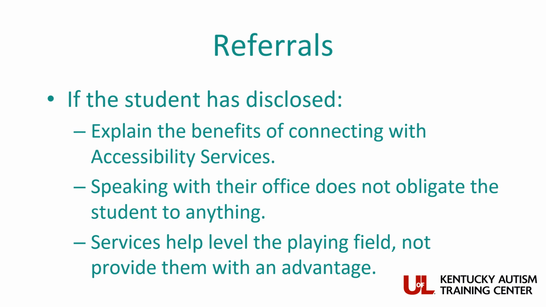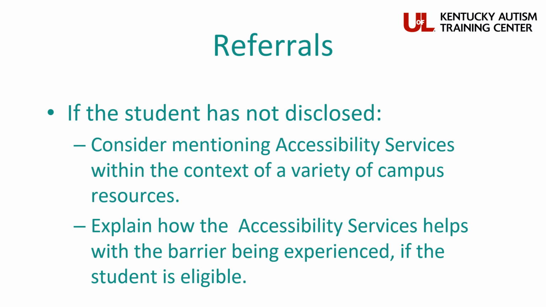If a student mentions they have an IEP or a 504 while they were in high school, again, I would use these steps and try to get them connected with the accessibilities office. If a student has not disclosed, so they haven't come and told you that they have autism or that they had an IEP or 504, but you're seeing some of those characteristics that put up red flags, if you will, you might consider mentioning the Accessibility Services Office within the context of other campus resources, like when you're telling them about the tutoring offers and other ways that they can get connected with campus.